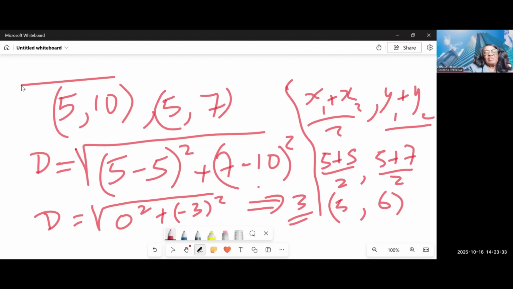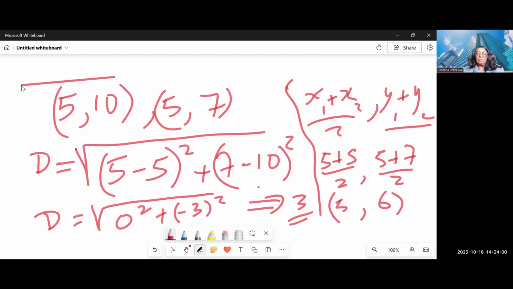The midpoint is (5, 6). The slope, we already have, is undefined. The distance is 3. I hope you know that distance cannot be negative. Distance is not allowed to be negative, and that's why it is squared. So I had negative 3 squared, which is 9. The square root of 9 is 3.